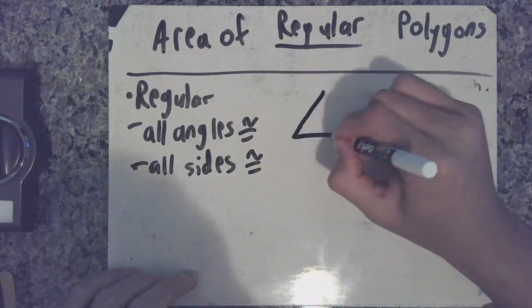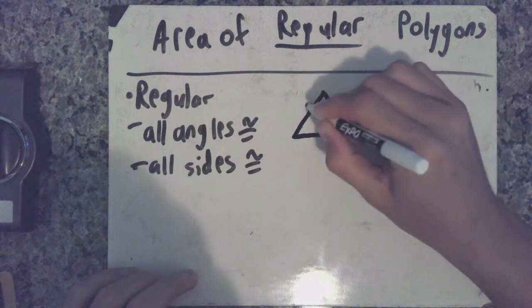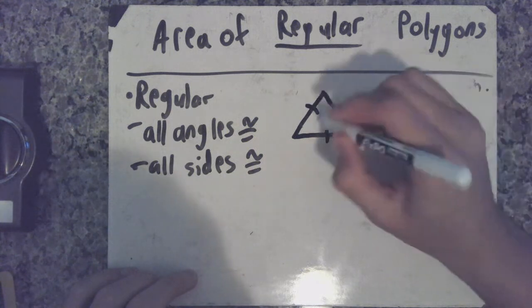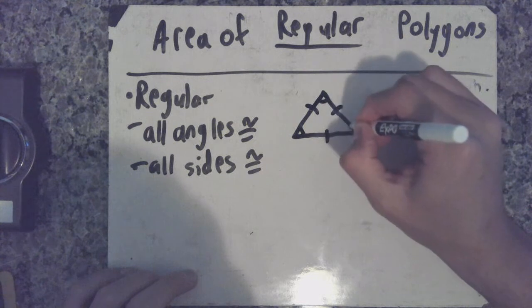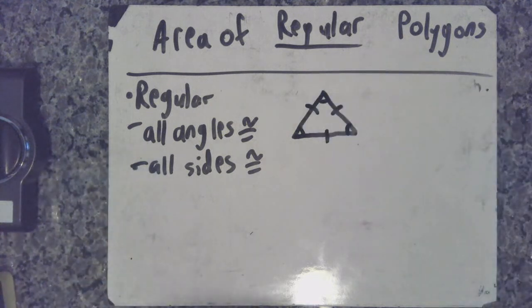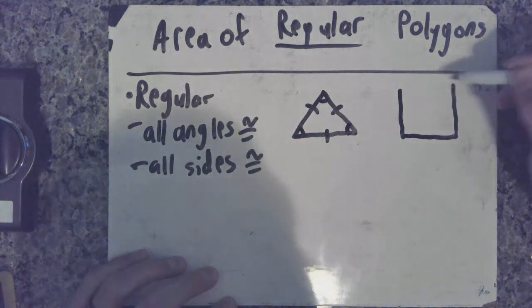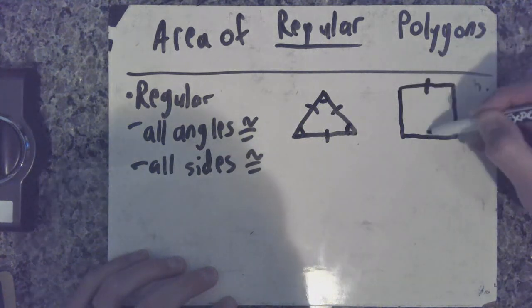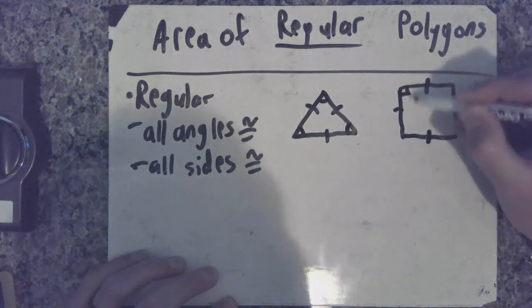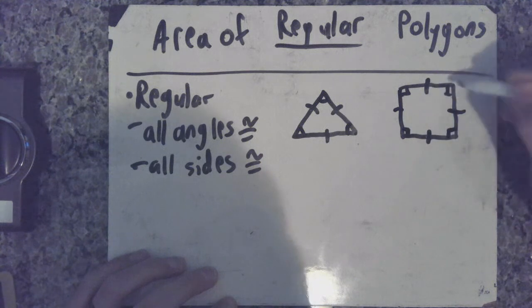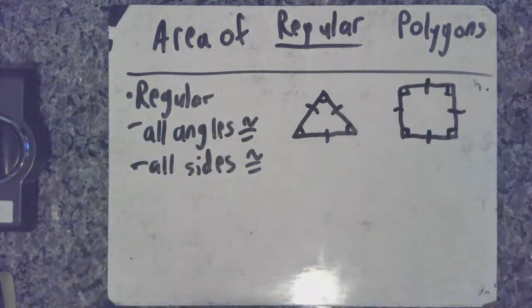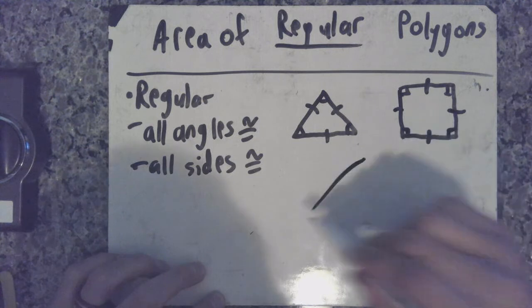Think about it like a triangle. If you had all the same sides and all the same angles, that would be a regular triangle. A regular quadrilateral is everyone's favorite shape, a square, right? With the same thing, you've got all the same sides, and then you've got your right angles in here. Or we could take it to the next length, which would be a hexagon.